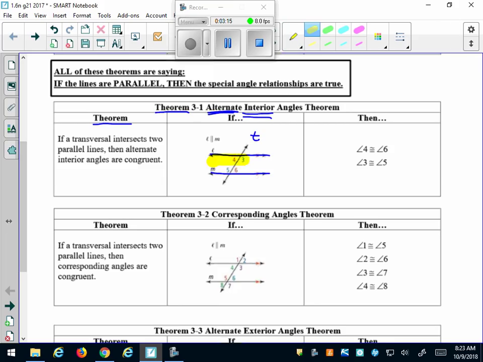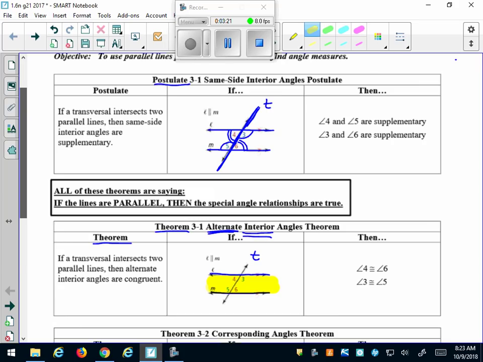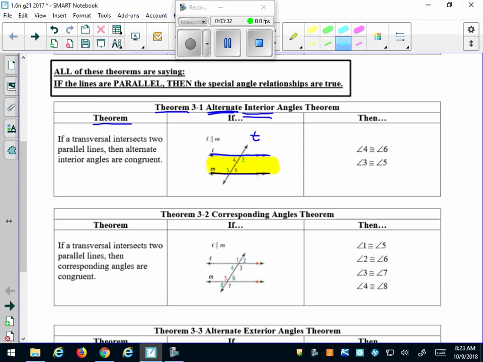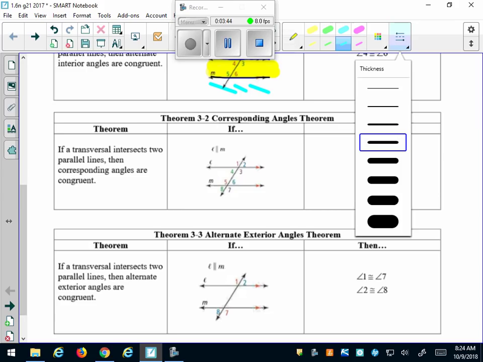So this is the interior, up here, same side interior. This is the interior between the two parallel lines. Anything that's above, like up here or down here, that's exterior. So we're just talking about the same side interior angles.